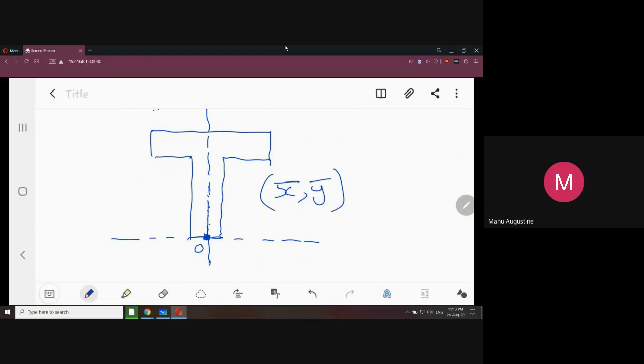The answer given is that from this point, the actual centroid of the entire T section is somewhere around here, at a height of 6.78 centimeters.